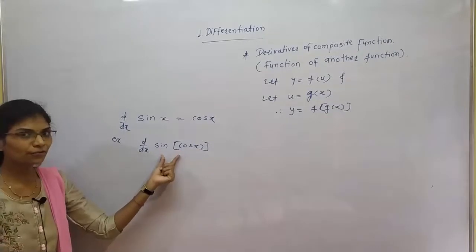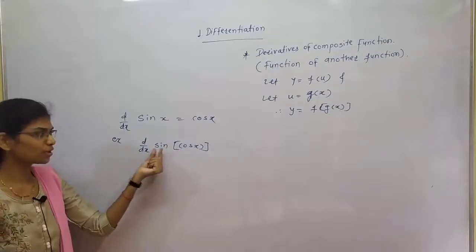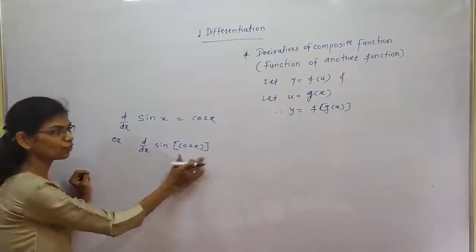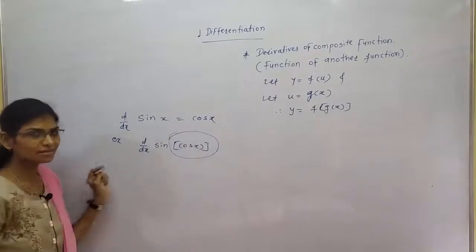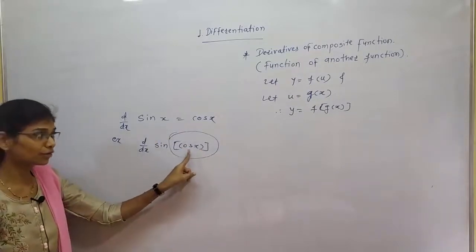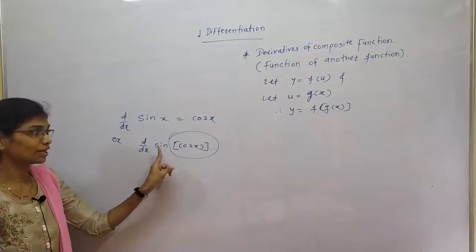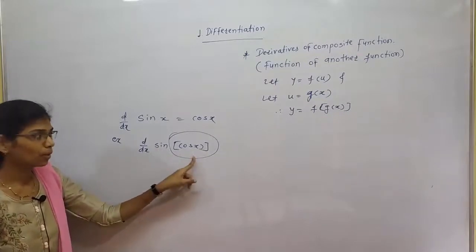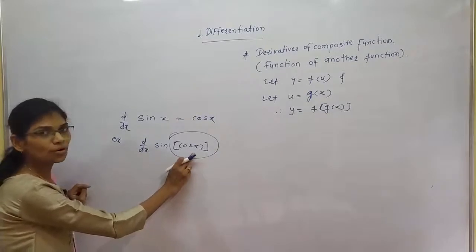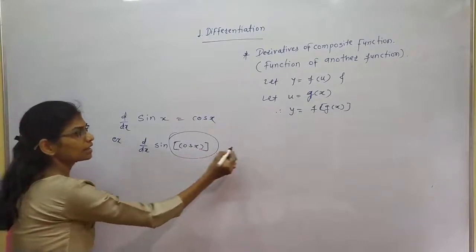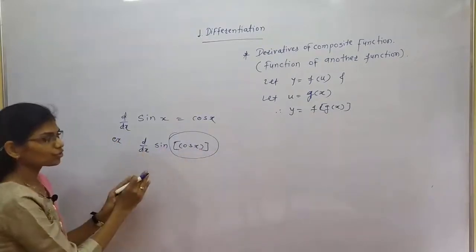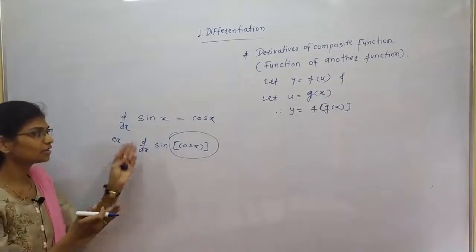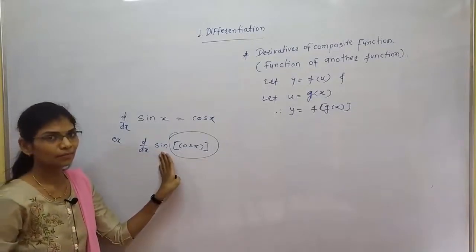This one is a composite function because the first function is sin of something, sin of u can be considered here, but the value of u is cos x. First of all we have to find the derivative for sin.